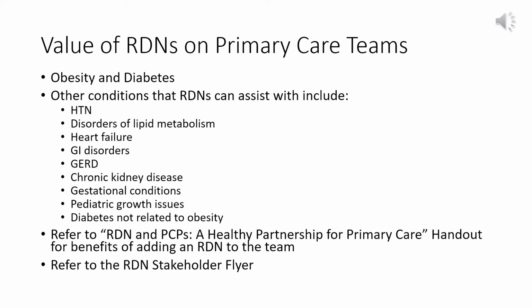However, there are a lot of other conditions that RDNs can assist with, and that includes hypertension, disorders of lipid metabolism, heart failure, gastrointestinal disorders, GERD, chronic kidney disease, gestational conditions, pediatric growth issues, and also the diabetes that's not related to obesity. So it's important that PCPs understand that there's a variety of conditions that are nutritionally related and that the RDN can help with.